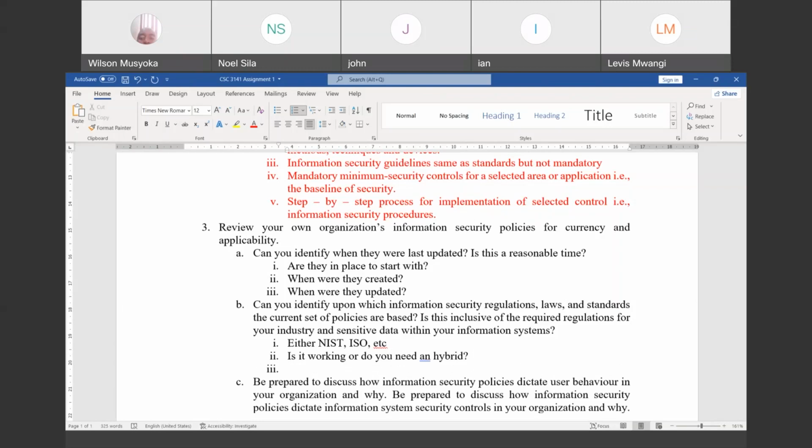And then, is it possible to implement it right away? Is it going to take a lot of time?